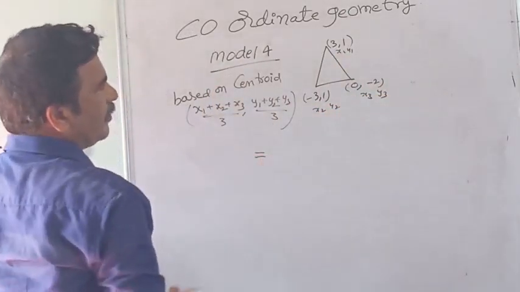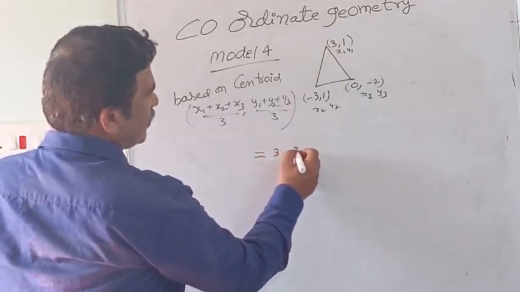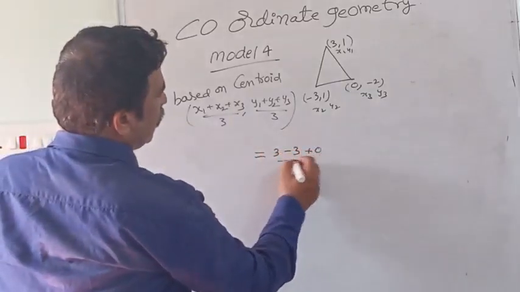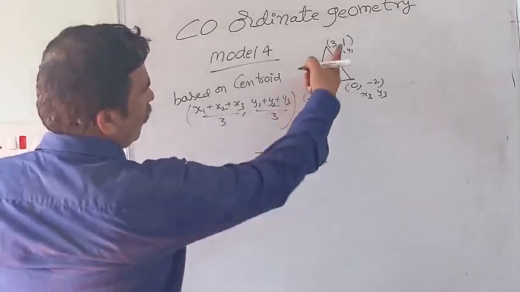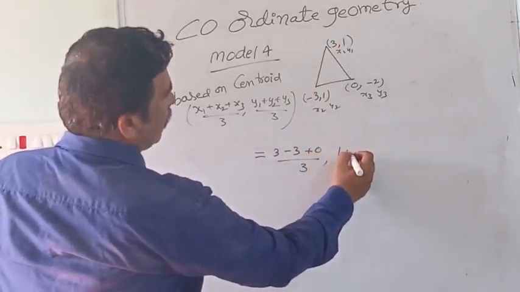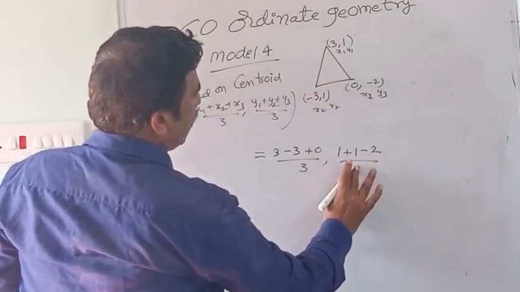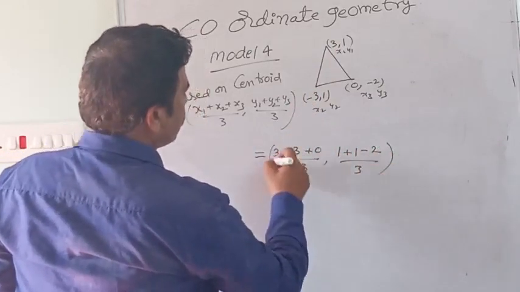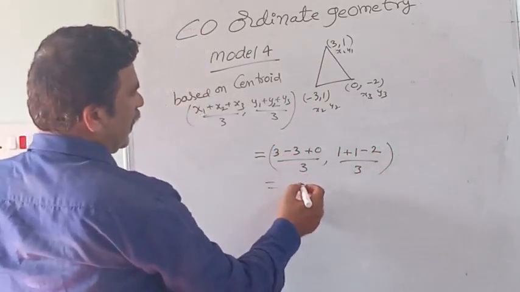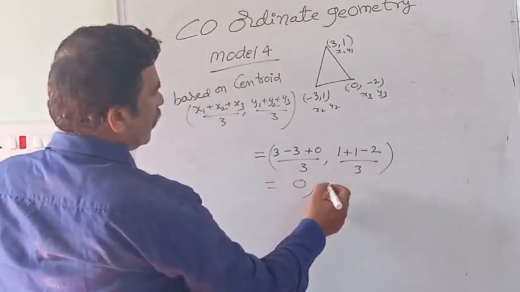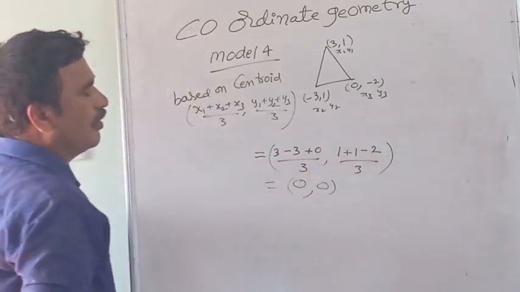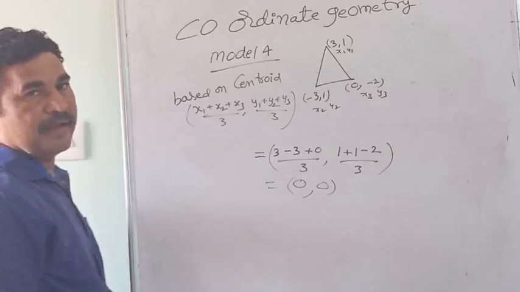Just substitute in the formula: 3 minus 3 plus 0 by 3. Y values 1 plus 1 minus 2 by 3. How much? 3 3 cancel, 0, 2 2 cancel, 0. 0 comma 0 is the centroid.